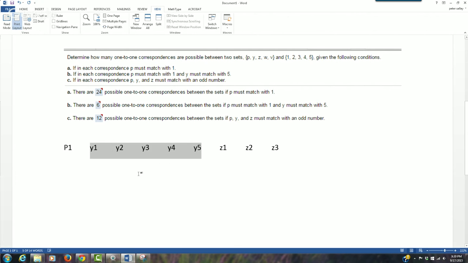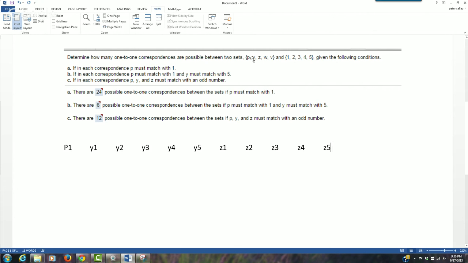Okay. So I can have 5 sets that have Y's in them, and then I can have 5 sets that have Z's in them. So like Z4 and Z5. Okay, so if P has 1 option, Y has 5, Z has 5. Let's see.